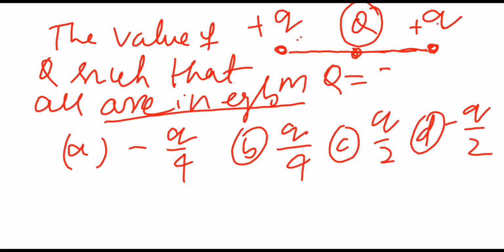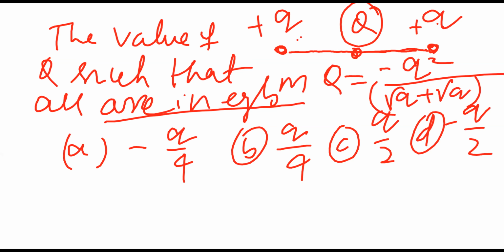So it is coming Q square divided by root 2Q plus root 2Q whole square. Don't forget, whole square was there. So the answer is not D. The answer is A. Down whole square total. Are you understanding? So minus Q by 4.